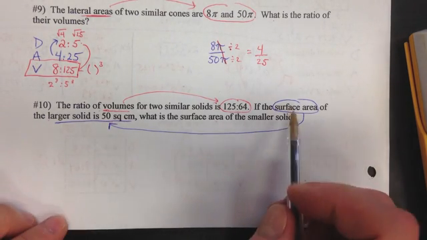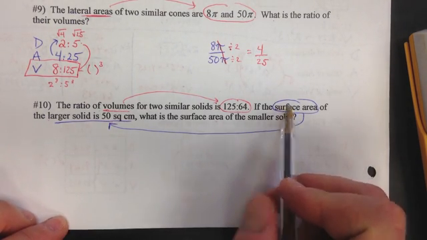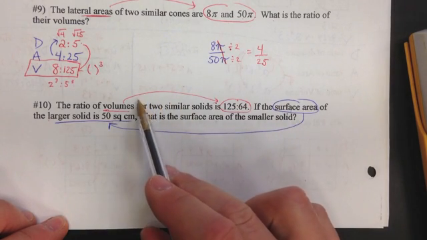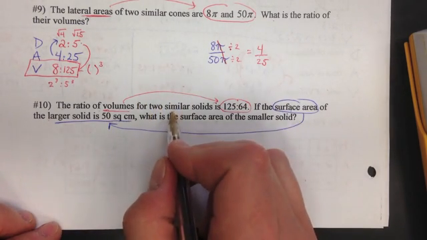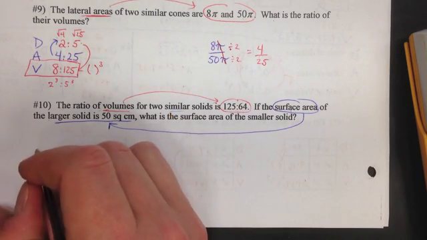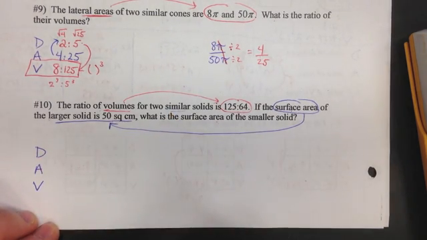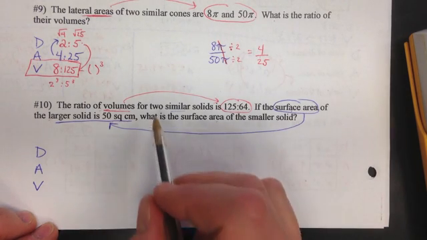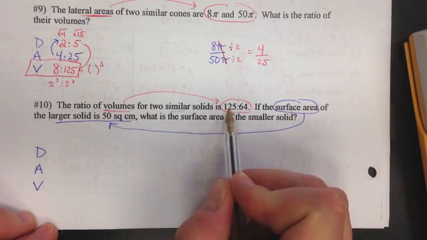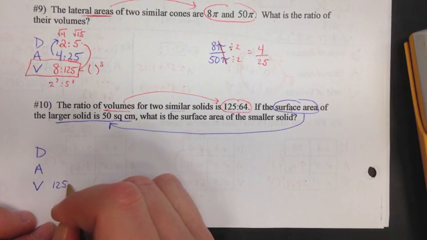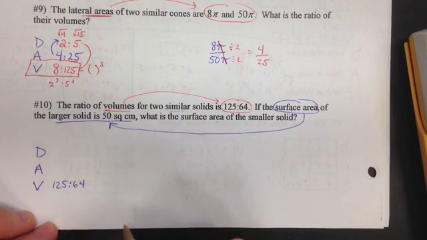Well, they're asking about surface areas, but they give you information about volume. Similar solids, so that tells me it's a clue. This is a DAV problem, distance area volume. They give us the ratio of volumes, 125 to 64.